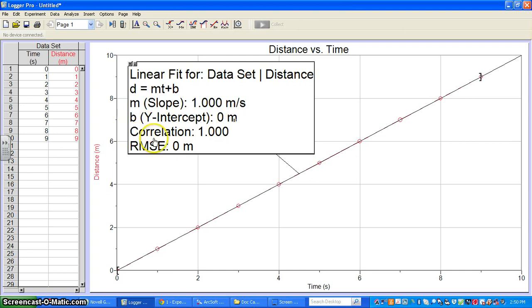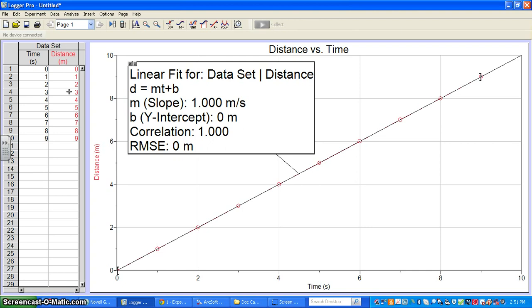One other thing that we want to point out is the correlation. The correlation here is labeled as 1. That means that this is a perfectly straight line. I mean, if I look at my data, I just got 0, 0, 1, 1, 2, 2, 3, 3, so it's a perfect line. That will basically never happen in lab.